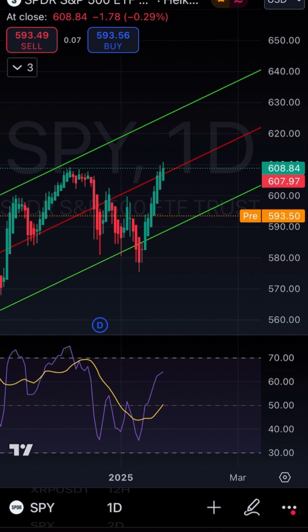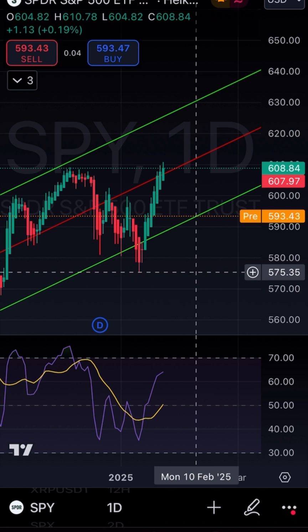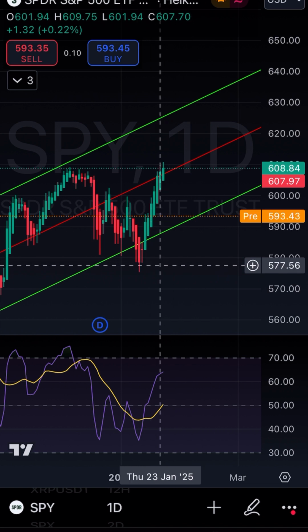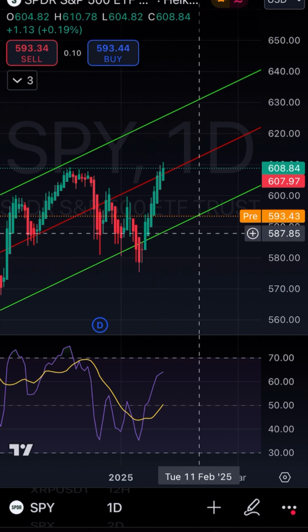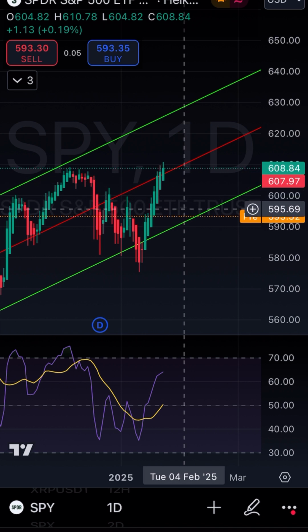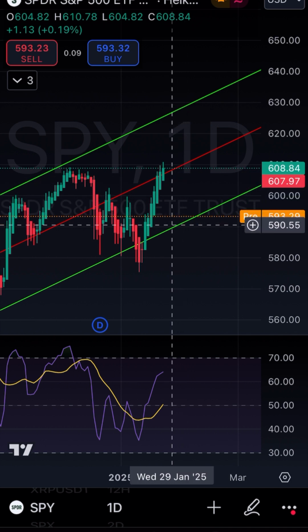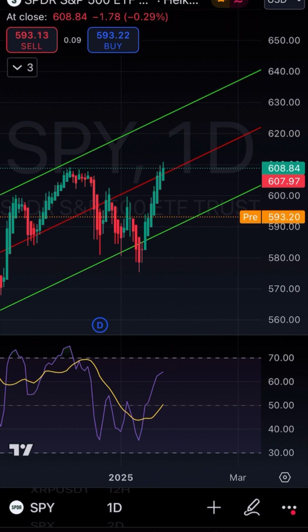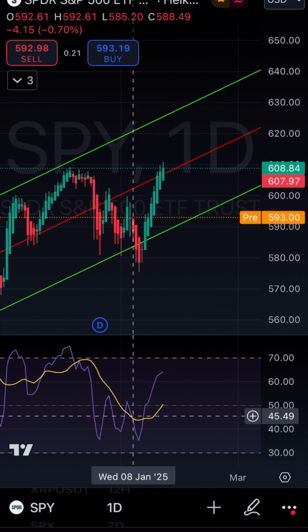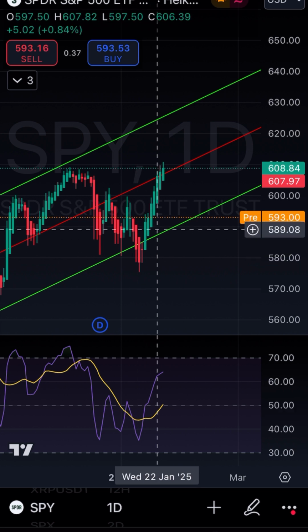It may not get all the way to the bottom, but that's when you'll look at your RSI. Keep your eye on the candle getting as close to this bottom as possible, and you'll know when to enter your trade when your RSI starts crossing.